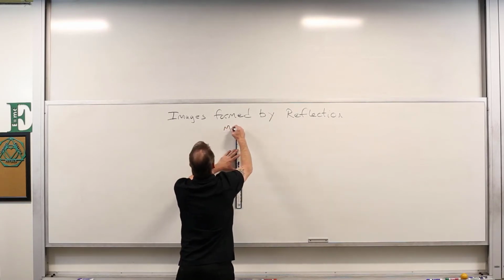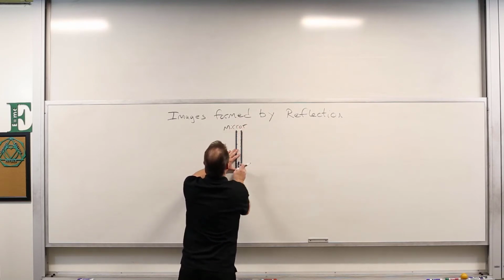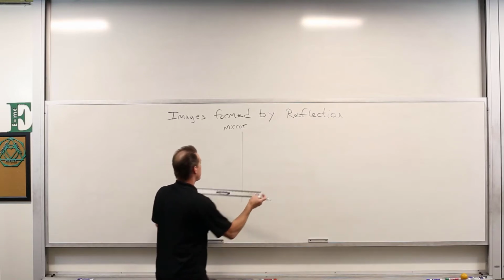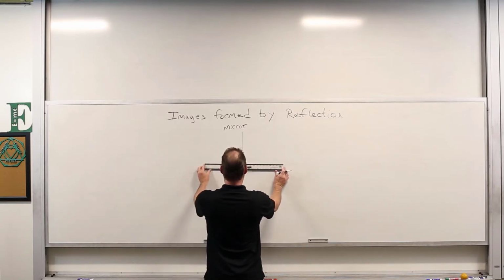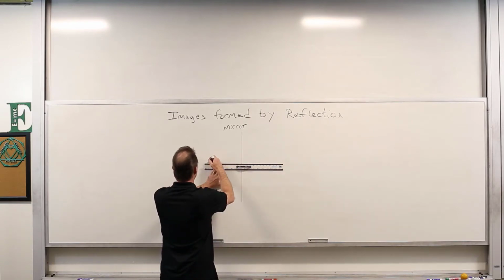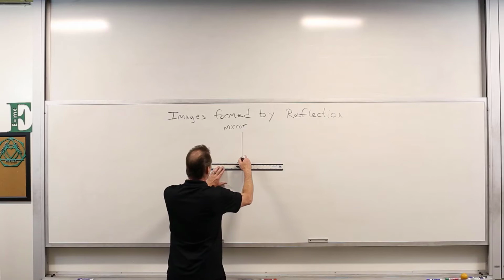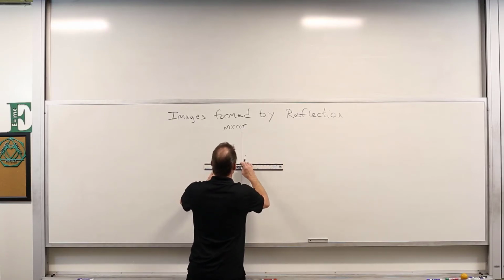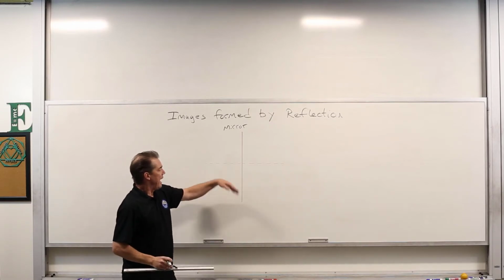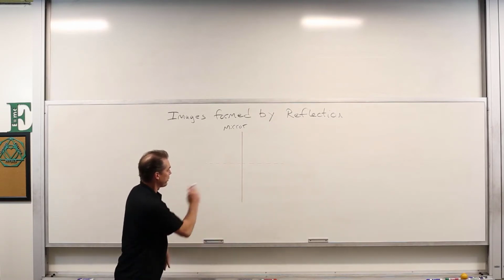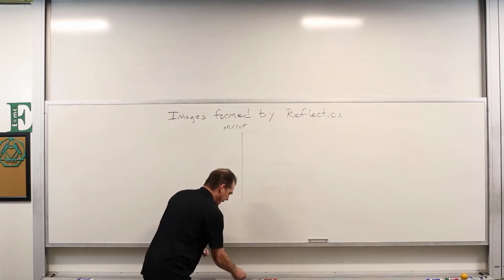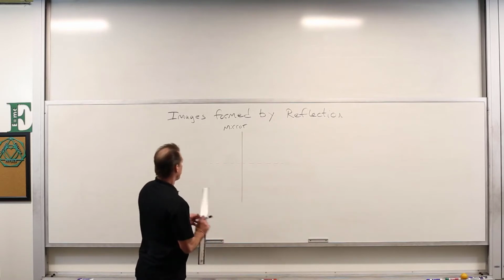So this is going to be our mirror, and we're going to put some alignment axis, which we generally call a principal axis, in order to kind of line things up nicely. The principal axis here is just something, again, so we can keep track of where things are relative to the mirror on either side of it. And the principal axis goes through the mirror at normal incidence. That is, there's a 90-degree angle between the principal axis and the mirror here. So we'll get used to the principal axis over time. Right now, let's just go ahead and draw some things in.